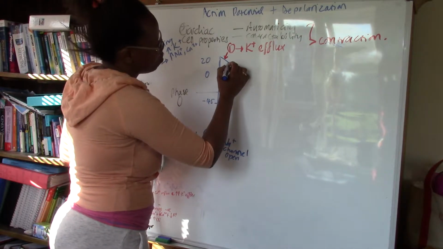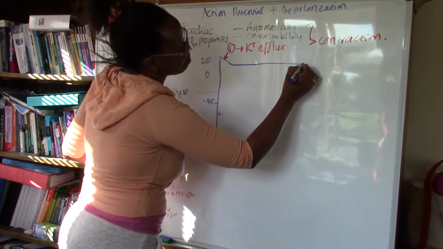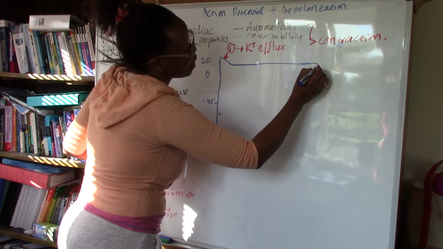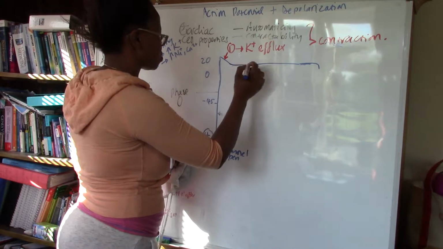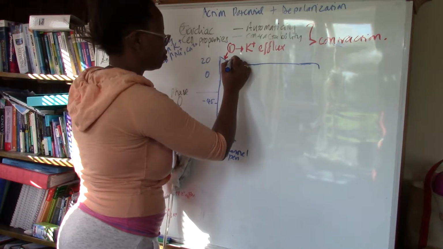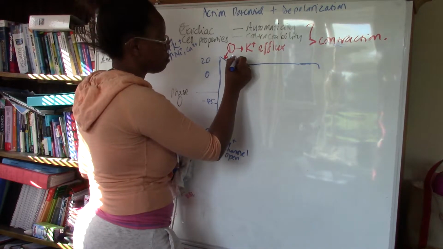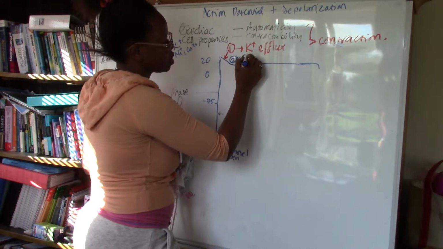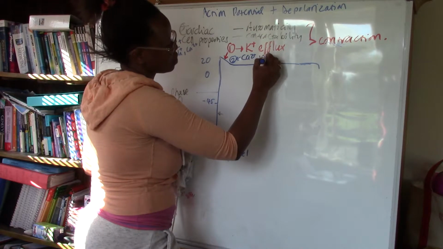And then we reach the L-type calcium channels, which then actually open, and this is called phase 2, the opening of the calcium channel. So this is the most important phase, I would say. So this is calcium influx.